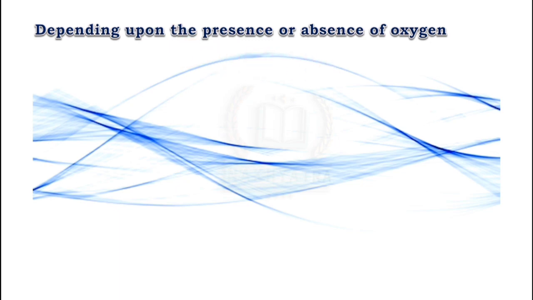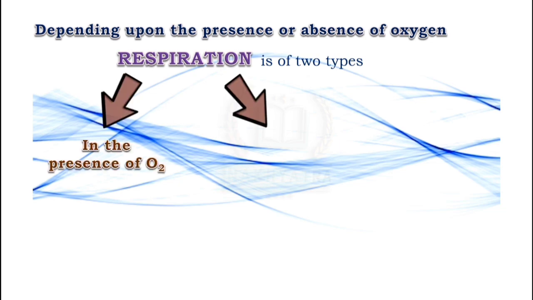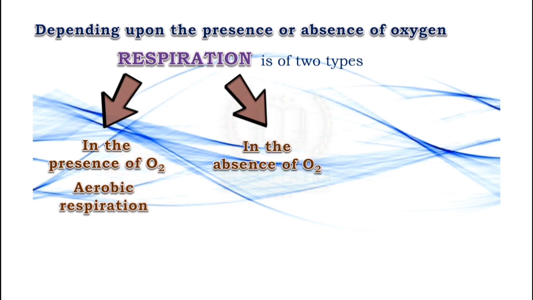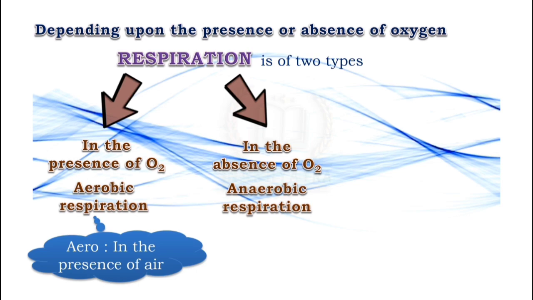Depending upon the presence or absence of oxygen, respiration is of two types. In the presence of oxygen it is called aerobic respiration, and in the absence of oxygen it is known as anaerobic respiration.